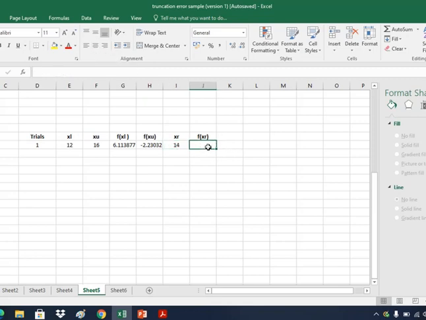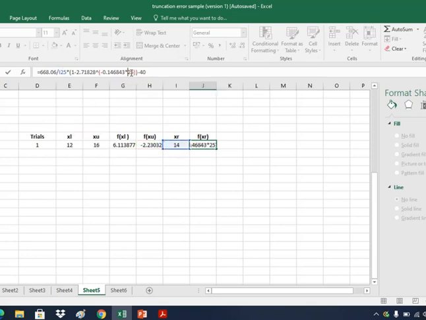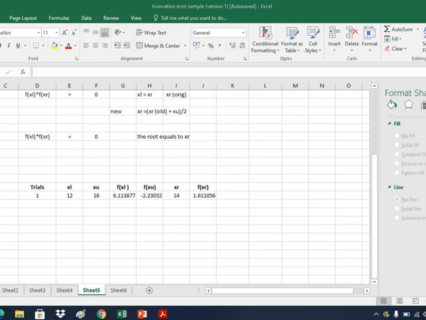For f of XR, we just copy the problem, but we change the value of 16 to 14. Okay, so that's the value of f of XR.